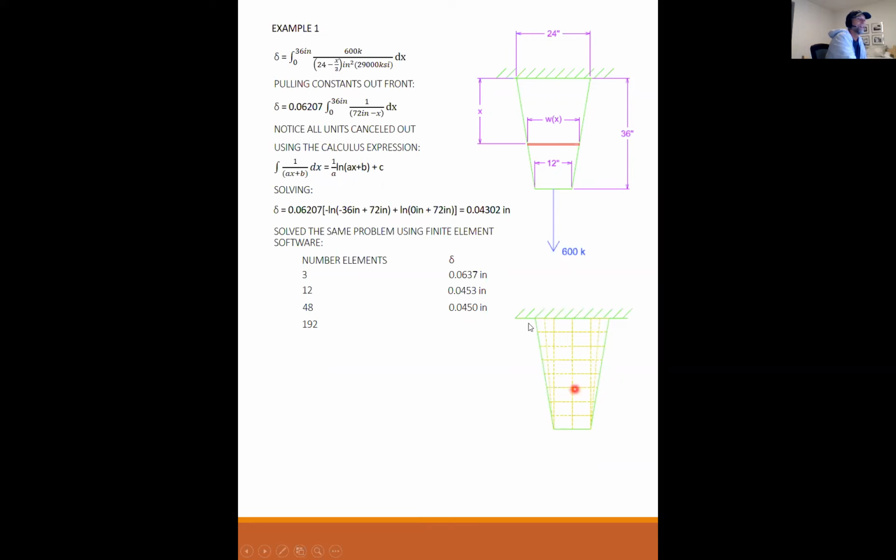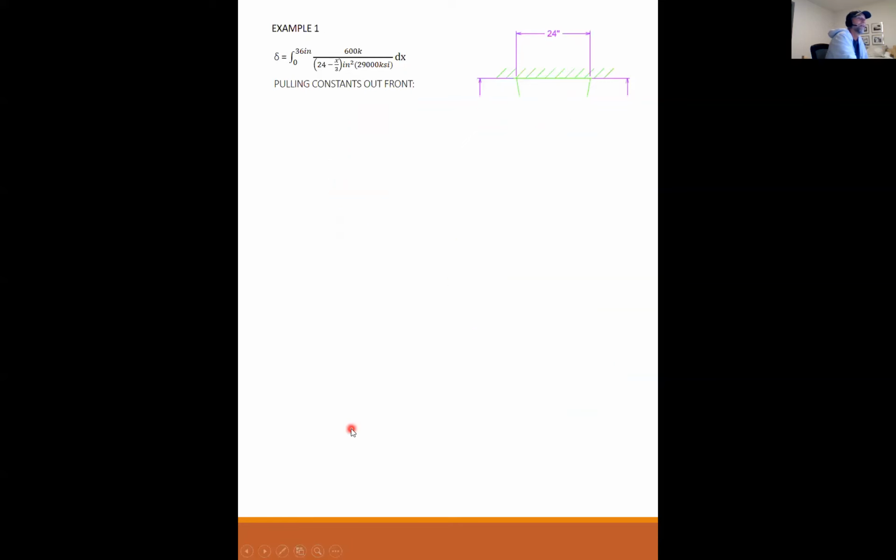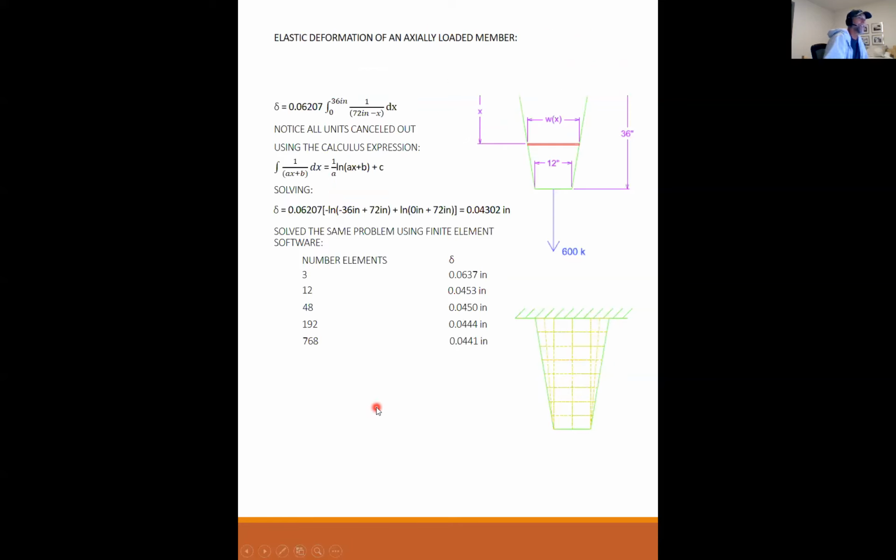I got tired of drawing this, so I'm not going to draw 192 for you, but you get the idea. Each step, you take each element and cut it into 4 pieces, so the number of elements quadruples. And I get 0.444. At 768, I got 0.441, and that's as far as I took it.